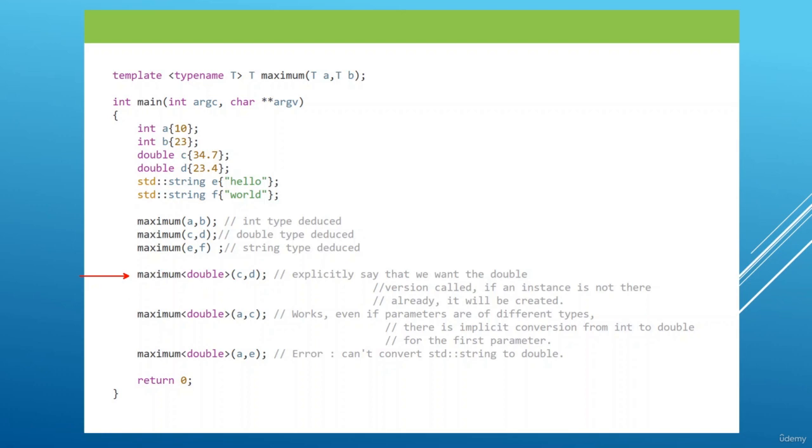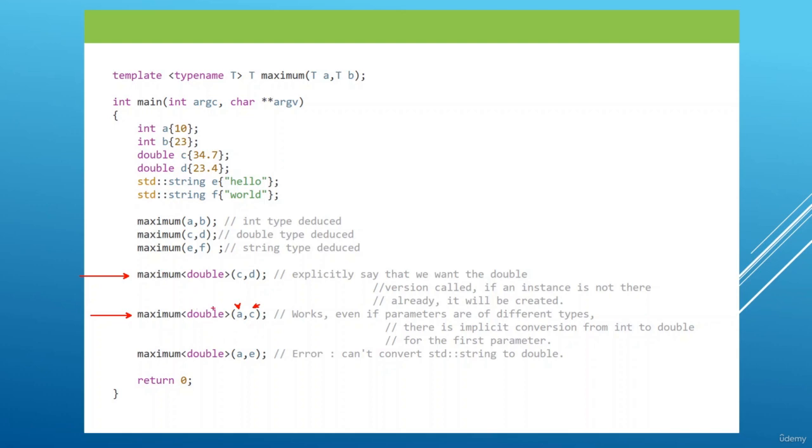A good benefit with this is that now this is going to support template arguments of different types. So if we make the call like this, the compiler is going to see that we are calling with int and double types because A is int and C is double. But it's going to see that you want the double template instance generated.